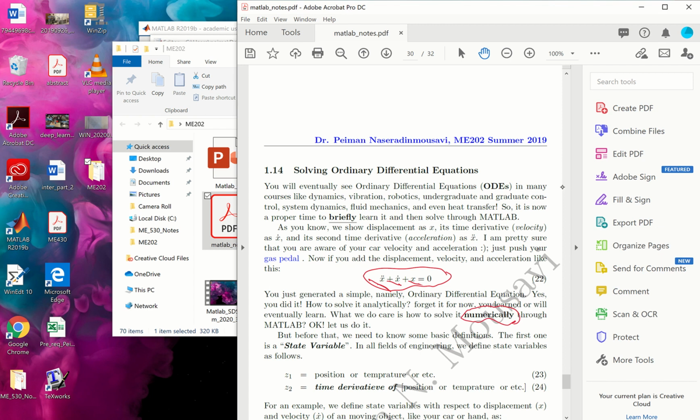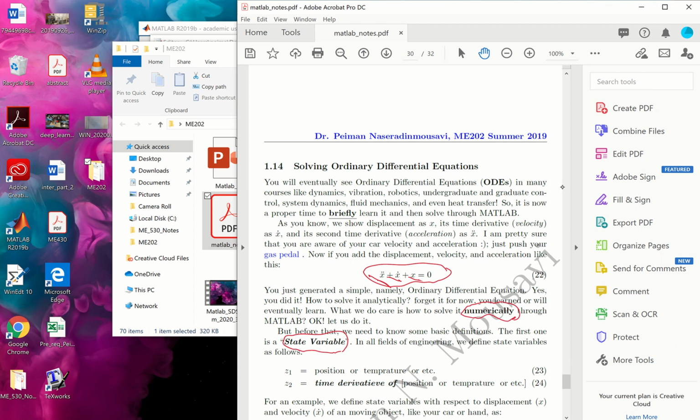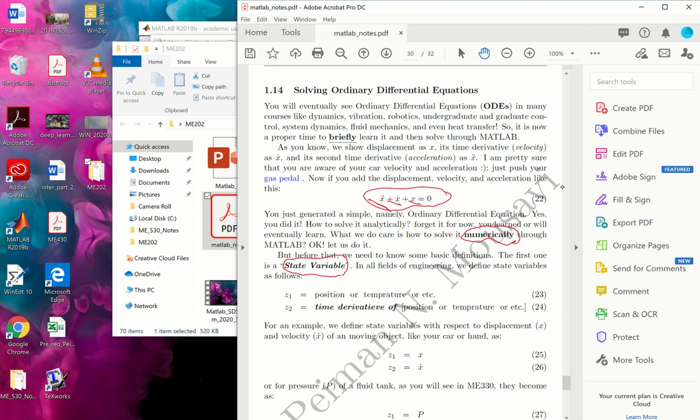The first one is state variable, as I did, if you remember, in the first classes. In all fields of engineering, we define state variables as follows. Equation 23 and 24. I'm just reminding you. Z1 is the position or temperature or pressure or length or whatever. Z2, second state variable, is the time derivative of that Z1.